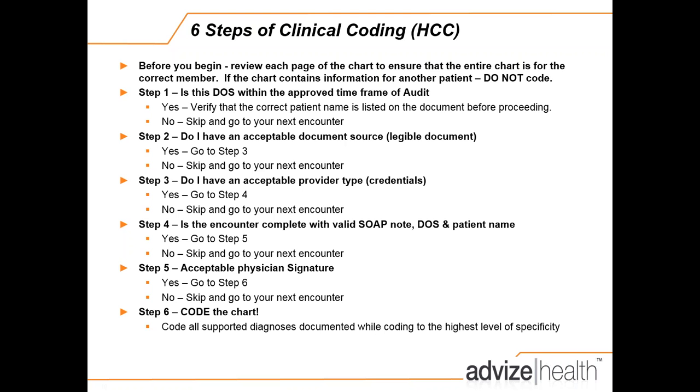If it's handwritten, then the letterhead at the top of the page counts as a valid hand signature. If it's an electronic signature, we want to make sure that we have MD, DO, PA, or NP after the provider's name, as the credentials are important for a valid signature. If the acceptable provider type is there, we move on to step 4. If it's not there, then we move on to the next encounter.